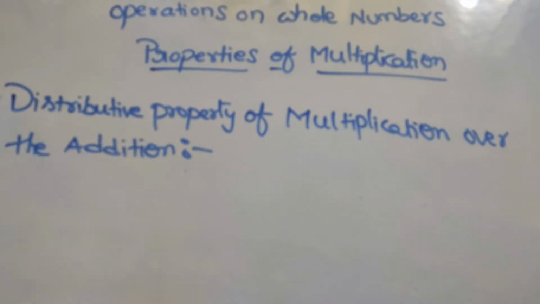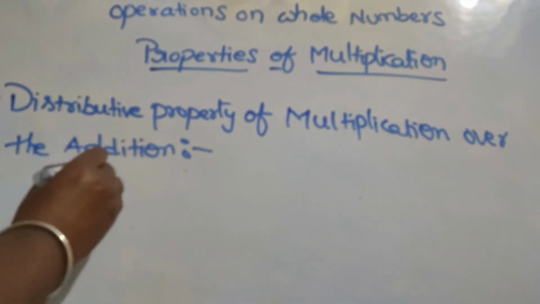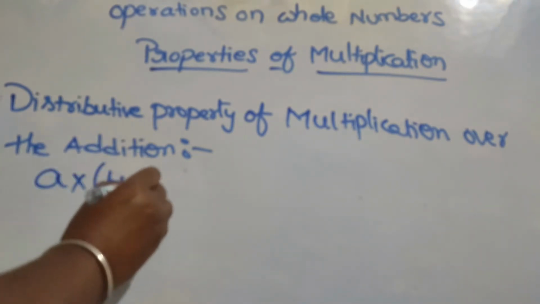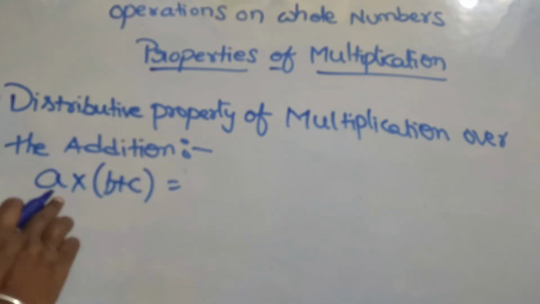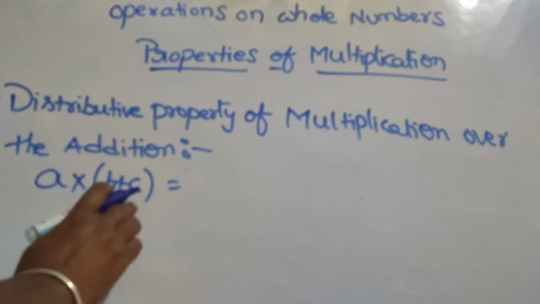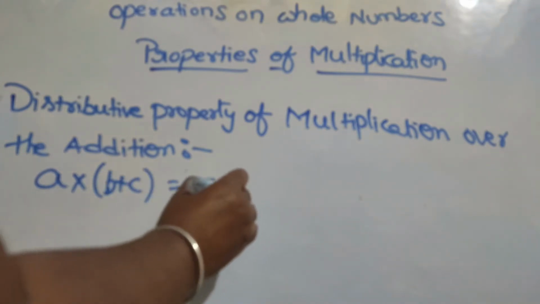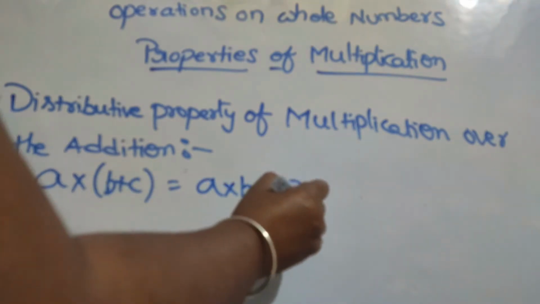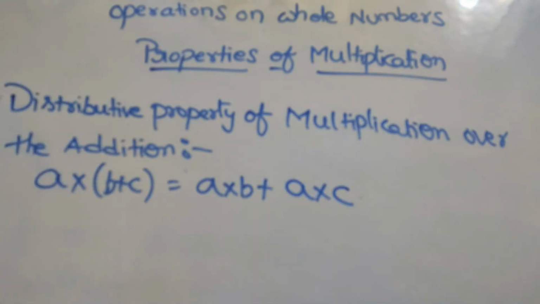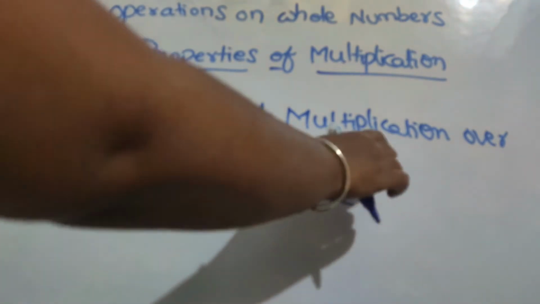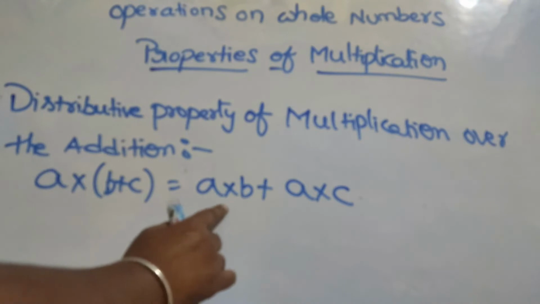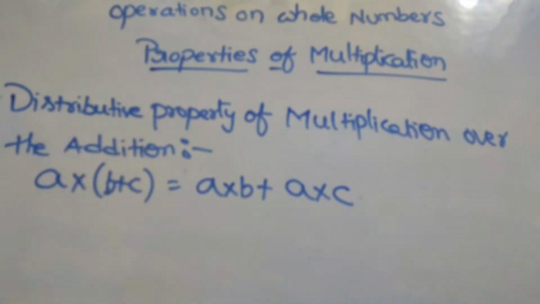In this, a into (b plus c) is equal to a into b plus a into c. So a is multiplying with b and c both. This is called the distributive property of multiplication over addition.